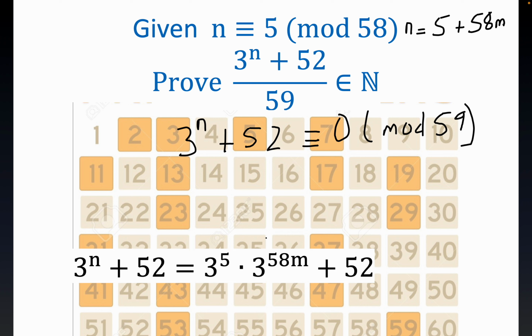If you just remember your laws of exponents, we're using the result a to the m times a to the n is equal to a to the m plus n.